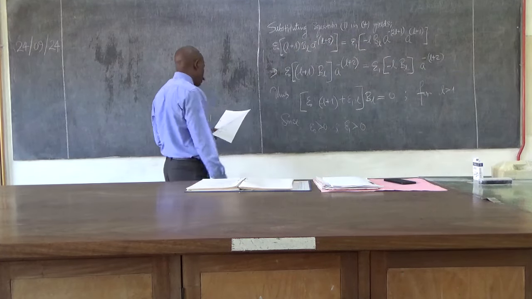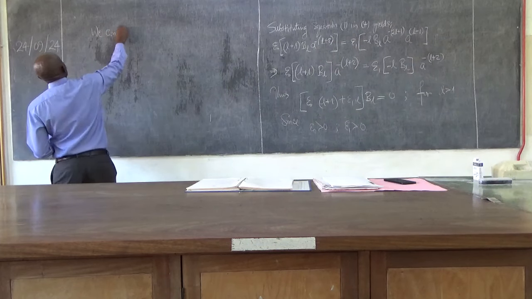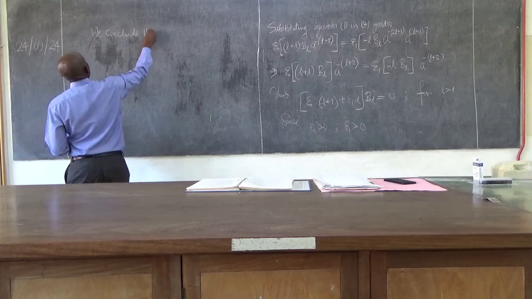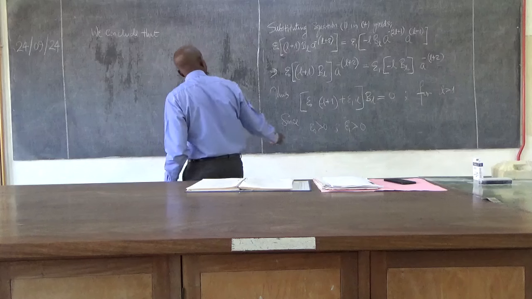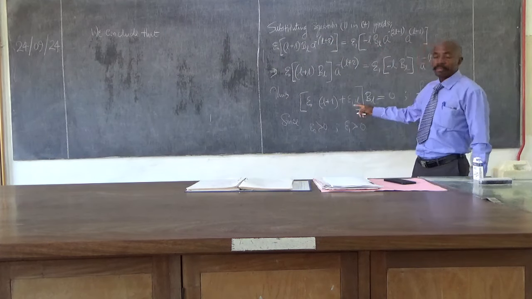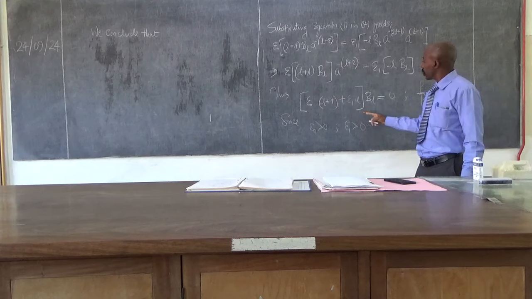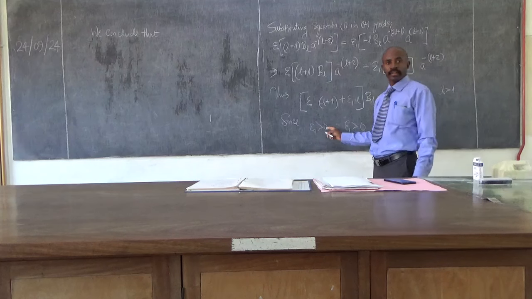So we can conclude that it is not the epsilon naught or epsilon 1 which would make these things go to 0. It must be something else.